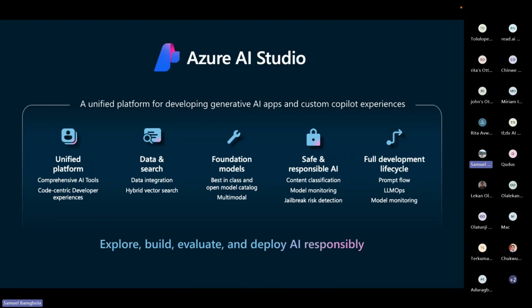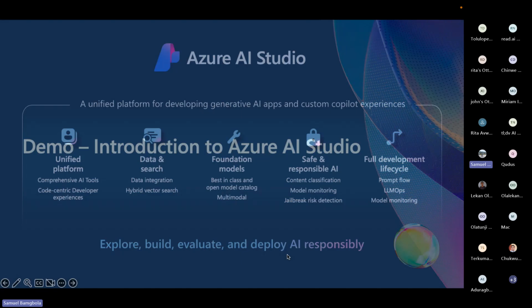But with Azure AI Studio, if you want to do anything as regards AI, generative AI in a broad sense, you just go directly to the Azure Studio and then do whatever experimentation you wish to do. Right. So you have a unified platform, data and search, foundation models, safe and responsible AI, a full development life cycle. Whatever you want to do, Azure AI Studio got you basically.